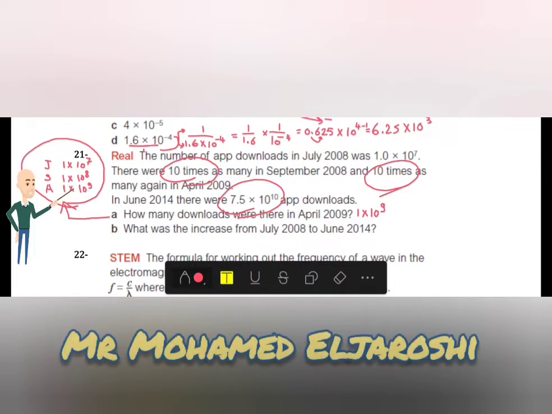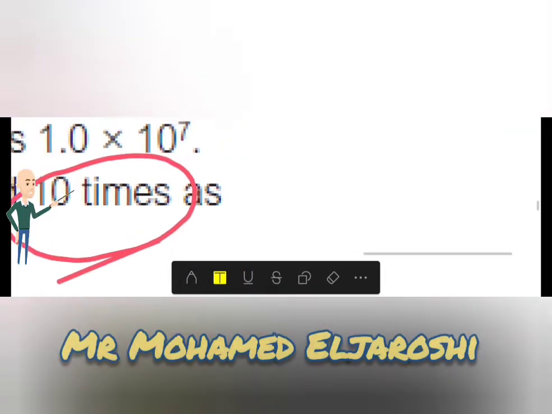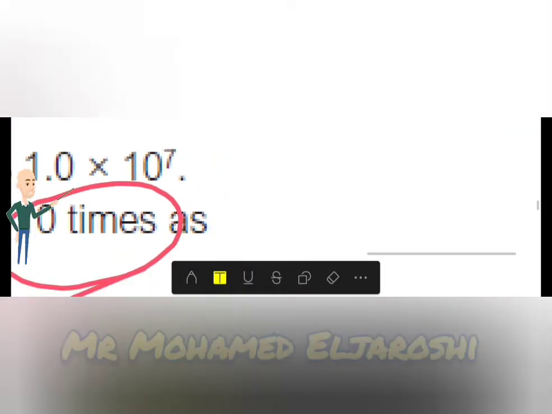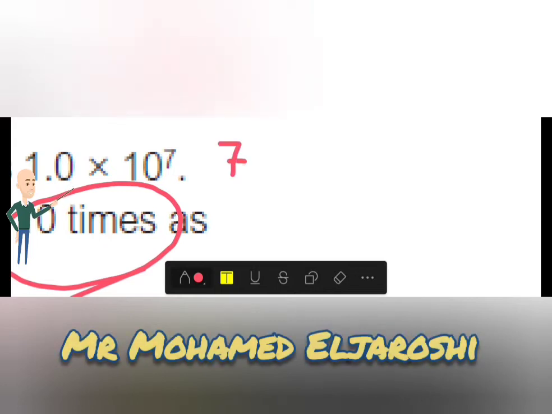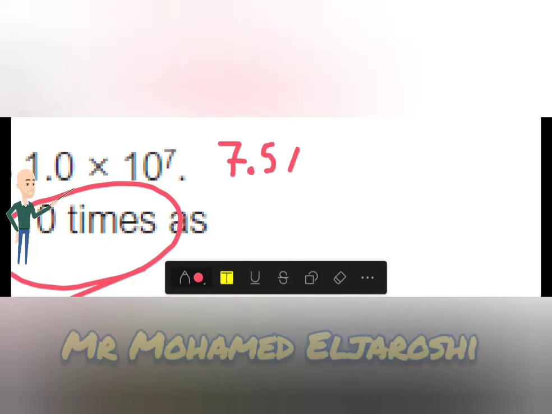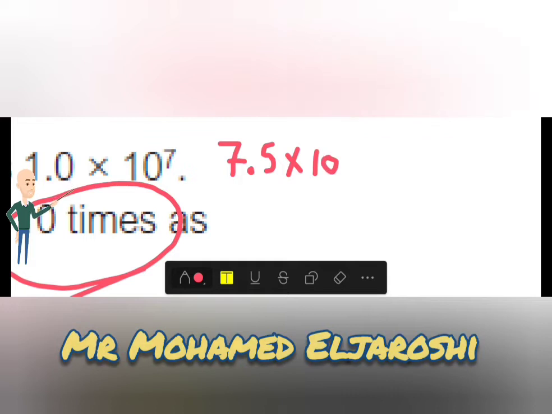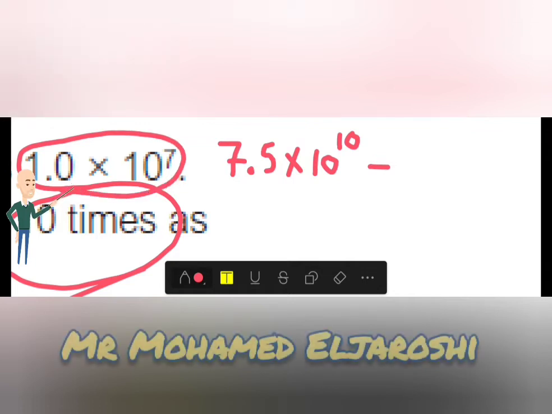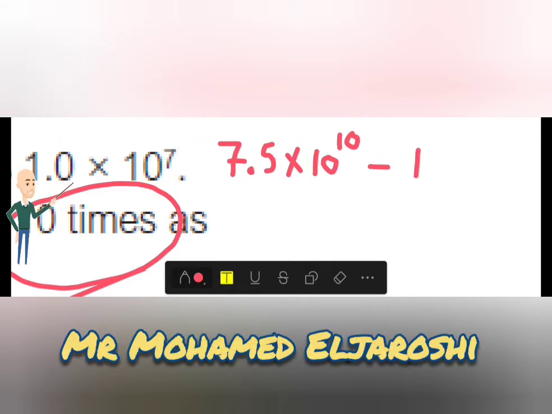So we will come here and write it, 7.5 times 10 power of 10 minus this number, which is the first one, 1 times 10 power of 7.